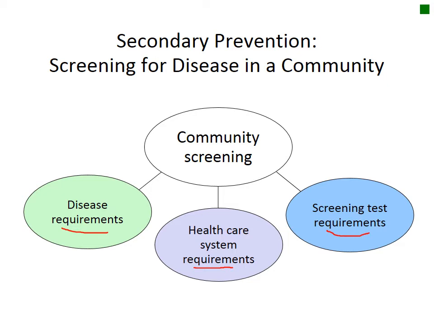And then lastly, as you've learned some epidemiology already, and you've learned about sensitivity, specificity, positive predictive value and negative predictive value, all these are characteristics for determining whether a screening test is viable, is a good one, is an effective one. So this falls under screening test. We're going to talk about these three areas next.